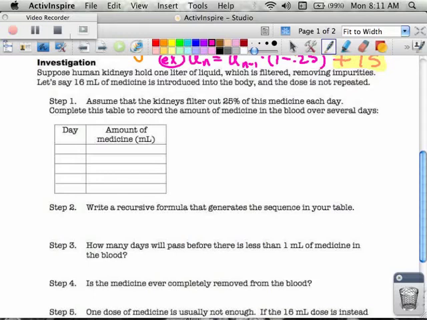So step 1 says fill out the table, but I'm actually going to go to step 2. I'm going to look at the recursive formula. So we always talk about where do we start. In this particular case, we're starting with day 1, the starting day, being 16 milliliters of medicine in your body.